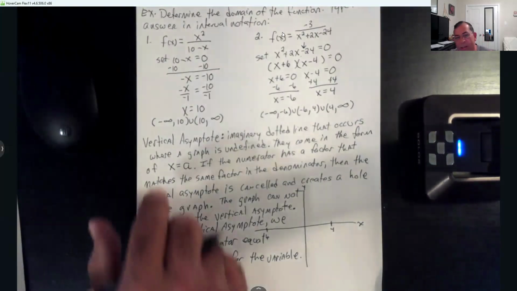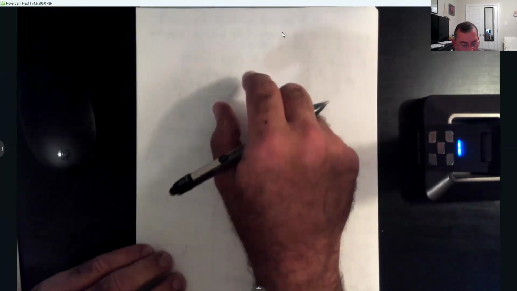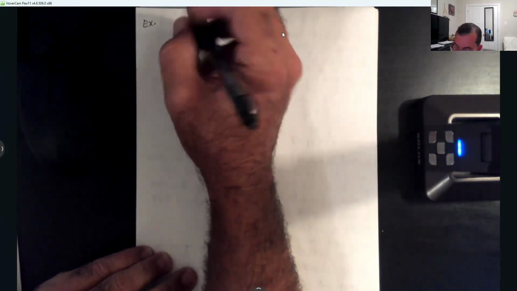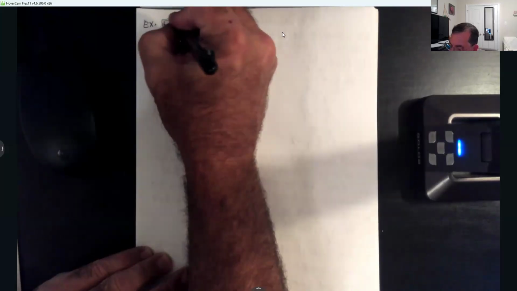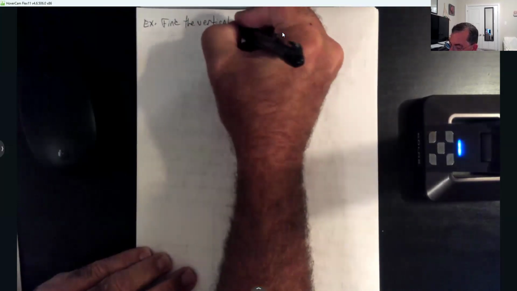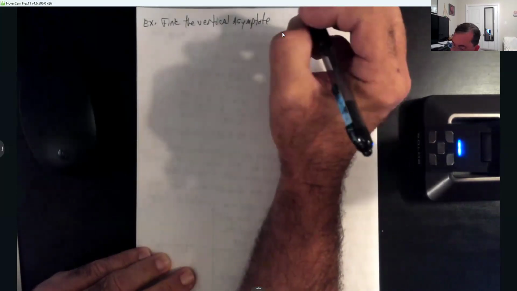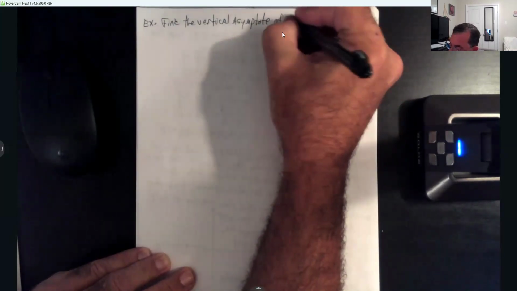All right, so the next few examples, we're going to be finding those vertical asymptotes. And then I'll show you an example of one that made a hole in the graph, okay? So y'all, for these examples, we're going to find the vertical asymptotes of the graph of the function.